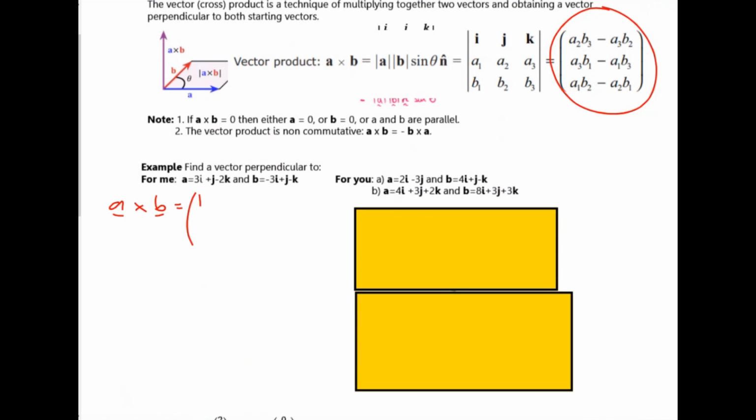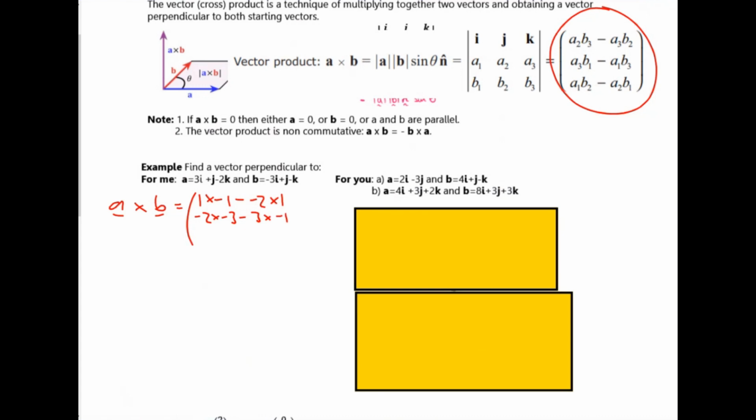So A2 is 1, B3 is minus 1, minus A3 is minus 2, and B2 is 1. Then for the middle row, I get A3, so minus 2 times B1, which is minus 3, minus A1, which is 3, times B3, which is minus 1.